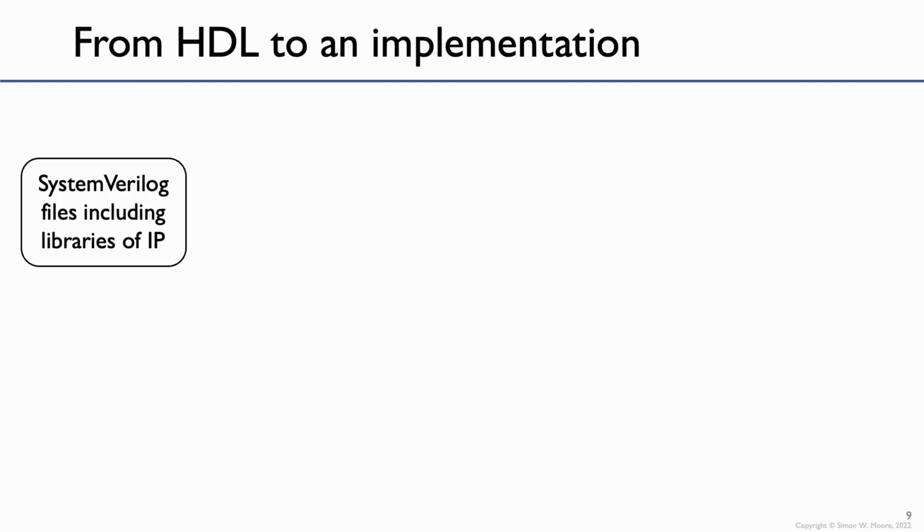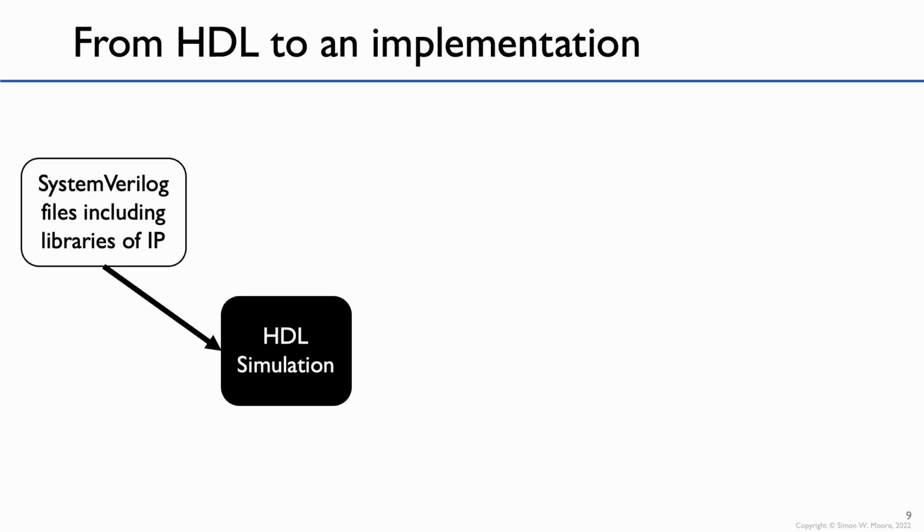So going from our SystemVerilog through to an implementation proceeds as follows. We start with our SystemVerilog files, including libraries of IP, intellectual property. We can then take that Verilog code and run it through a high-level simulator, and that's very useful to do an initial quick check to see whether the design should be functionally correct.